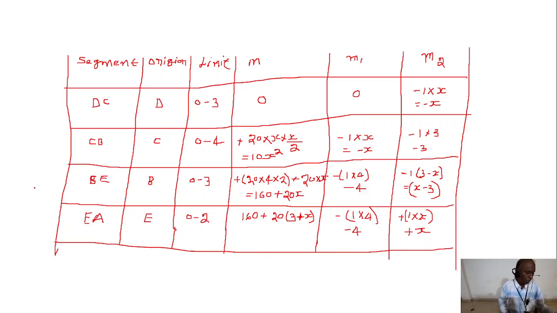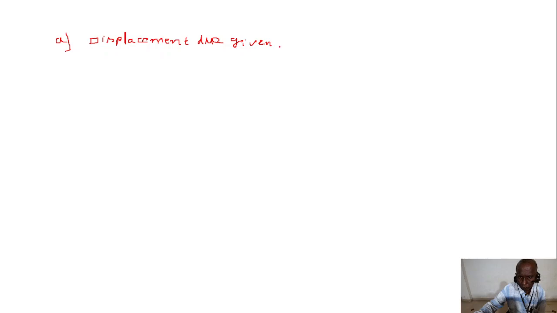Next, you will find the displacements due to given load.